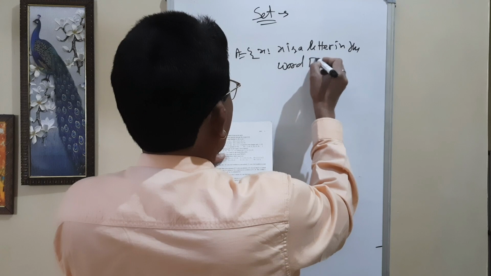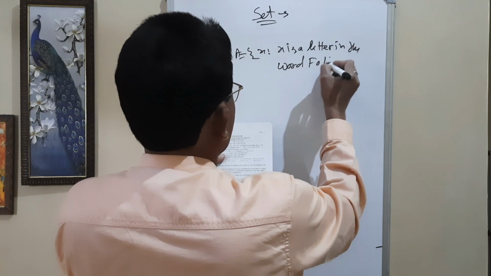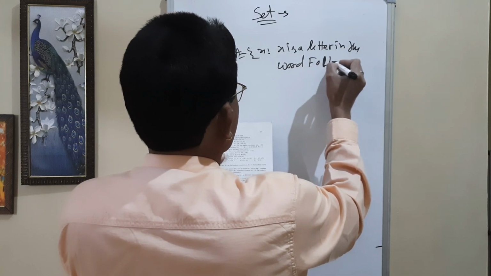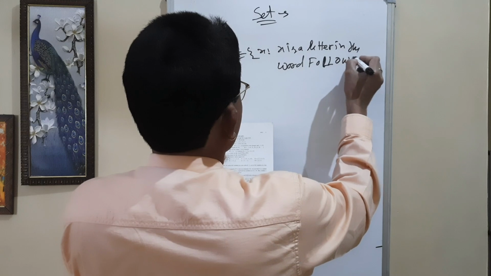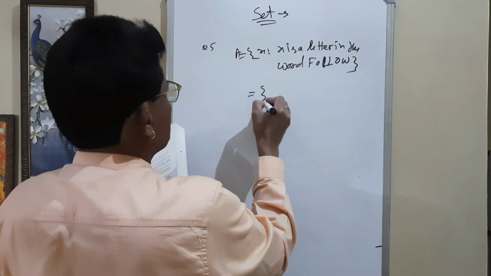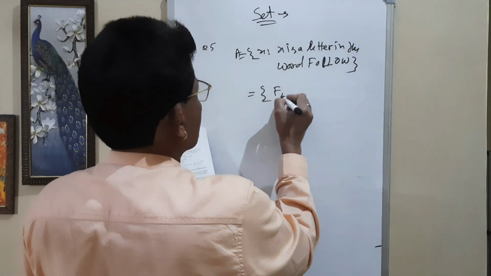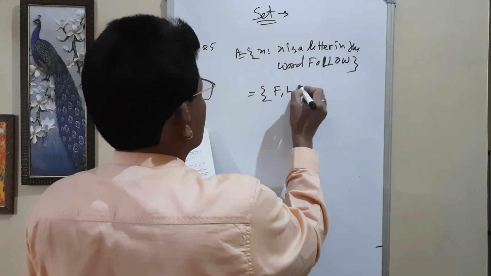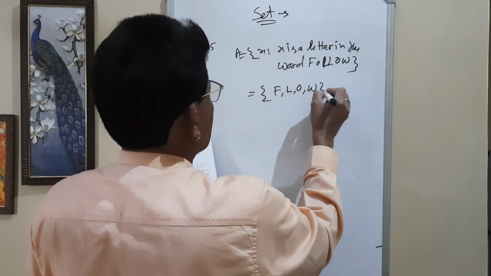What is the word? Follow. F, double L... F, L, O, W. These are the letters.